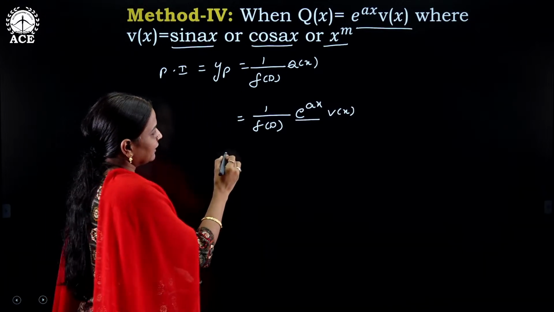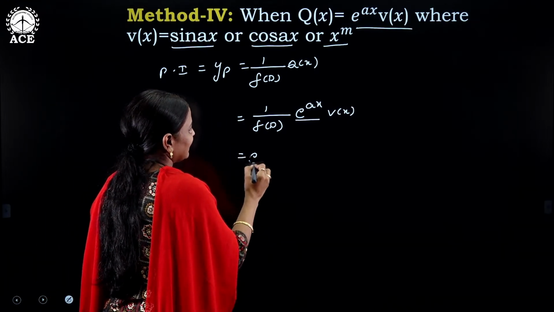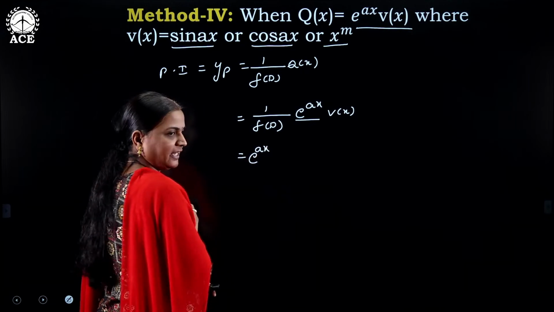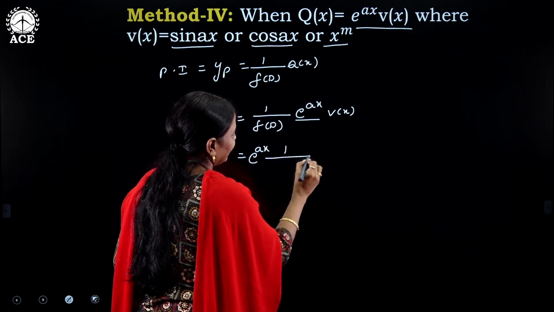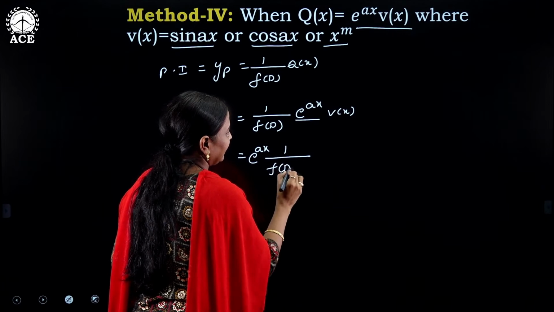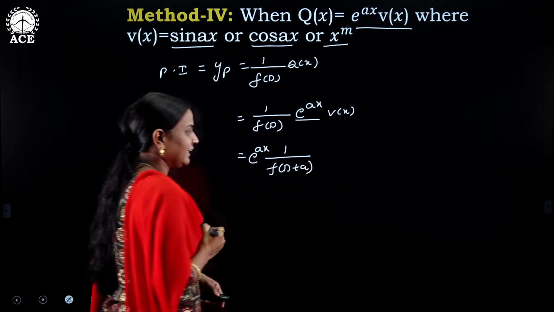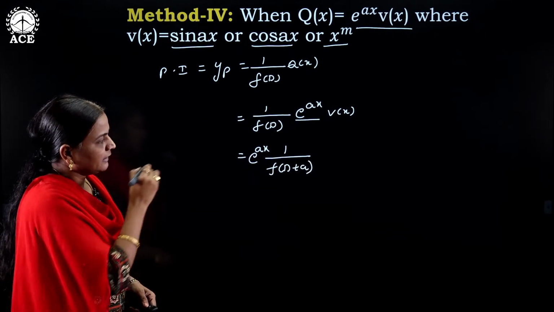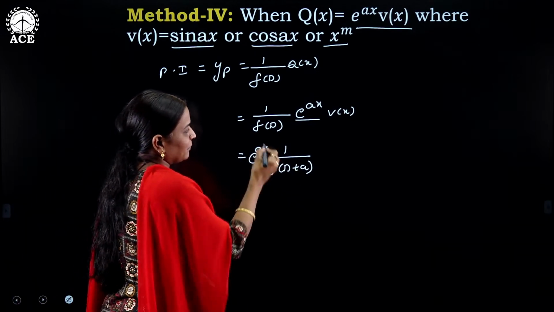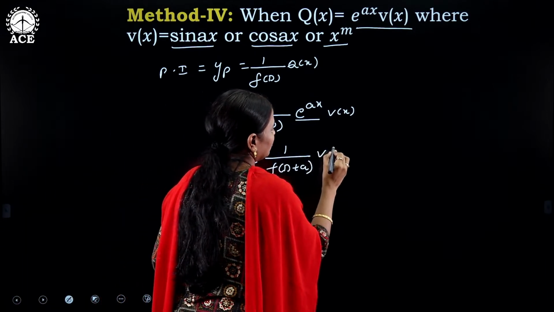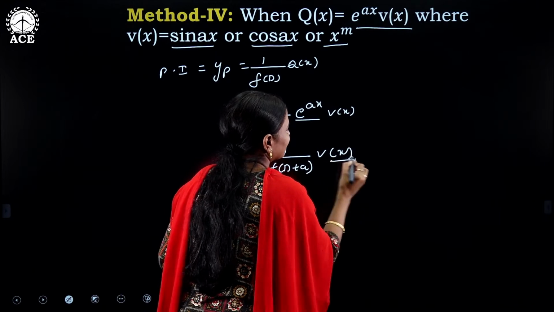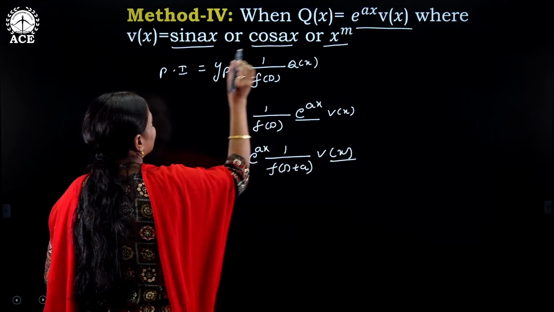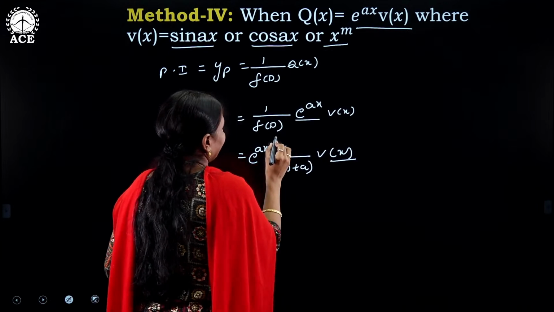So what is the step here? Take this e power ax to the left side of 1 by f of d and replace every d with d plus a in f of d, operating on v of x. Now here, v of x equals sin ax or cos ax or x power m.